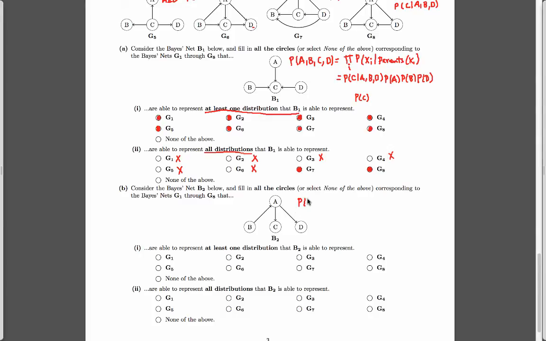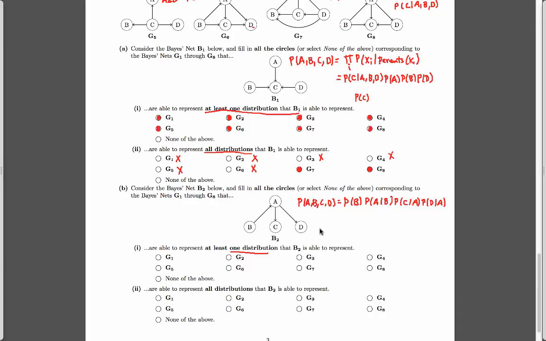In this case, the probability of A, B, C, and D is equal to the probability of B times the probability of A given B times the probability of C given A times the probability of D conditioned on A. And thinking about this first question, part I, this is exactly the same as before, in which I'm concerned about one distribution that B2 can represent.